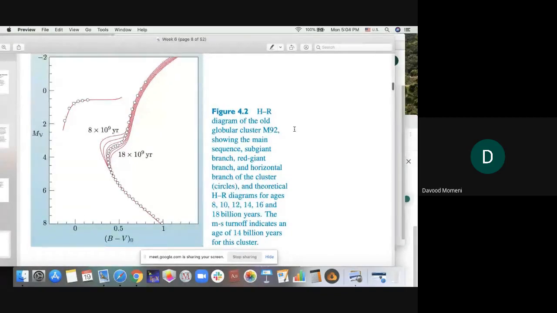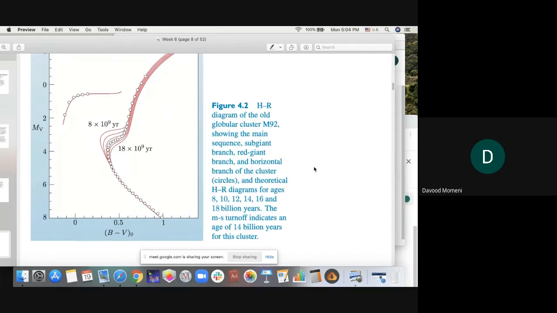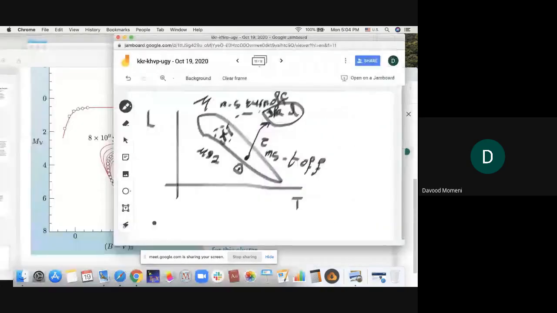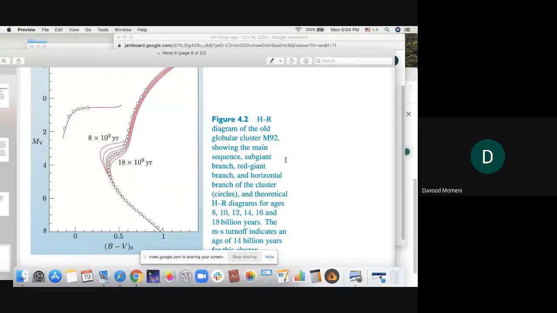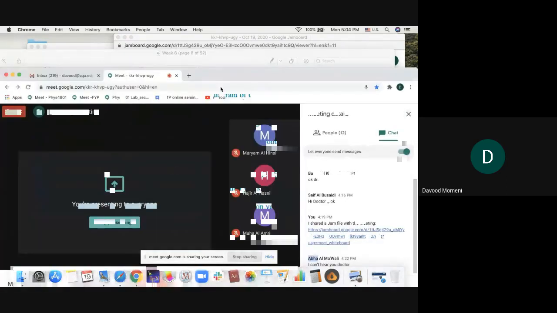If you go to the experimental data for one special cluster, for example the globular cluster M92, and compare that with the theoretical Hertzsprung-Russell diagrams for the same age, you can get that the MS turn off is around 40 billion years for this cluster, M92.